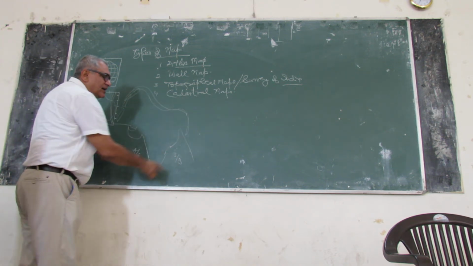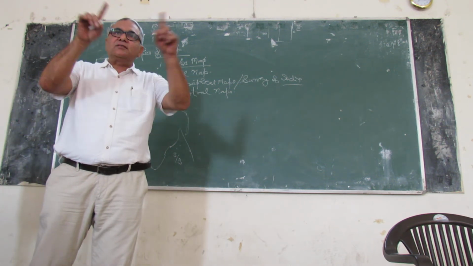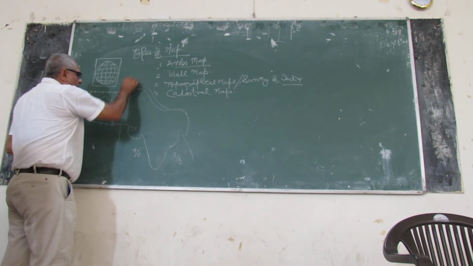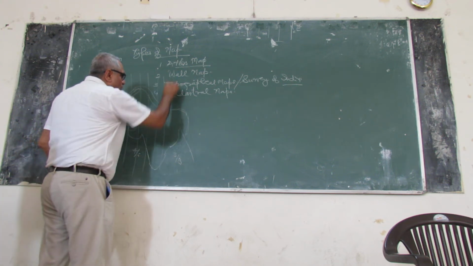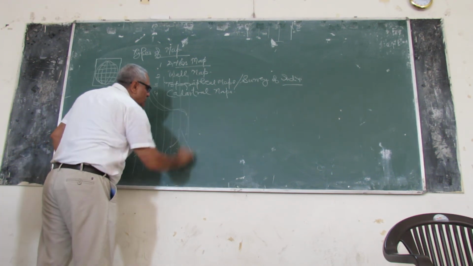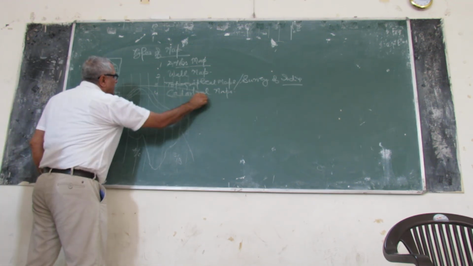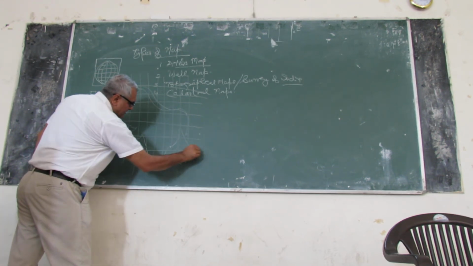In this area, we have the grid system. They developed the grid system like this. This is the grid system already, divided into 4 degree by 4 degree. So they divided this entire subcontinent into 4 degree by 4 degree, and all of it is numbered.